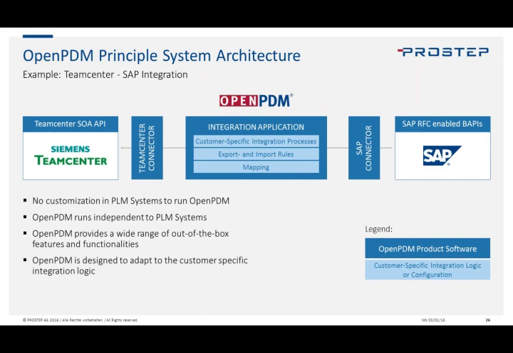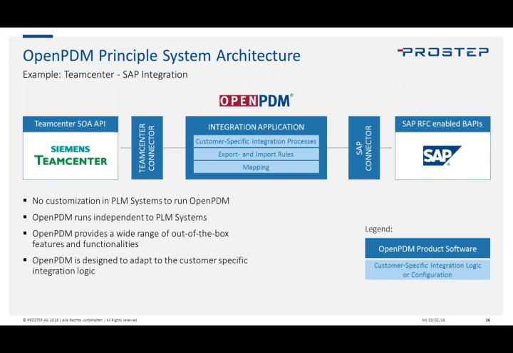And then SAP, and we use SAP BAPIs and RFCs for integration with SAP. But this is another connector on the other side. All this stuff in the middle runs on Tomcat, and it's pretty system agnostic, depending on what you want to connect to and if there's dependencies for that system specifically.